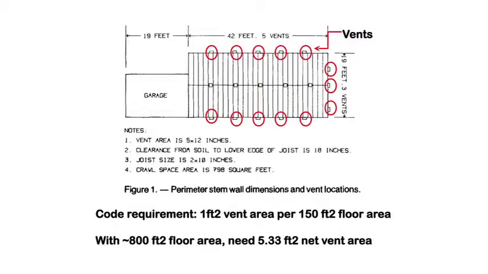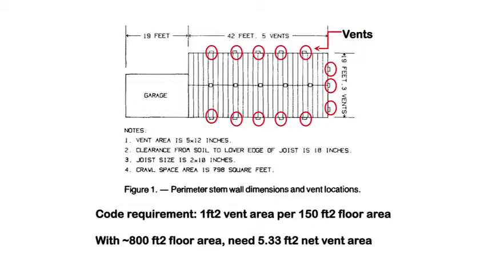The code says for a crawl space, and it's a little bit different for an attic, but for a crawl space it says 1 square foot of vent area for every 150 square feet of floor area. And the same rule is going to apply for a roof. For attics, it's usually 1 square foot of vent per 300 square feet of ceiling area, of horizontal area.